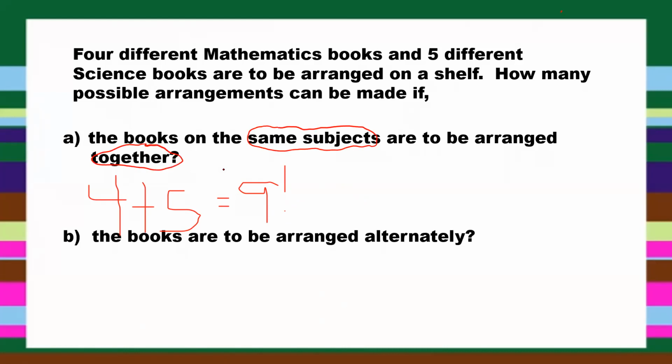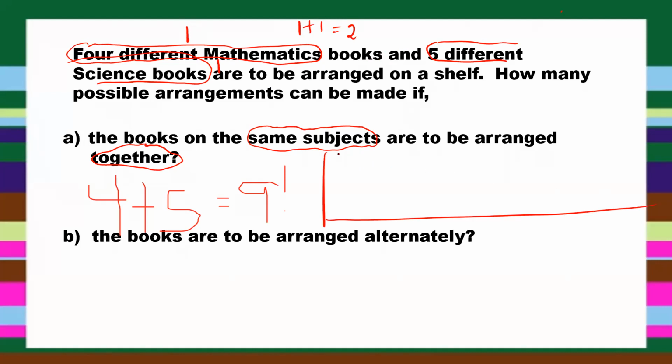So if that is the case, you cannot use Blas's solution. Instead, you will count the 4 different math books as one and the 5 different science books as one also. So how many sets of books do you have? You have 2, right? So 1 plus 1, that's 2.